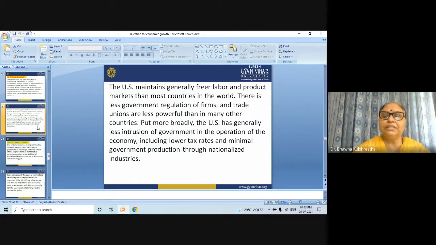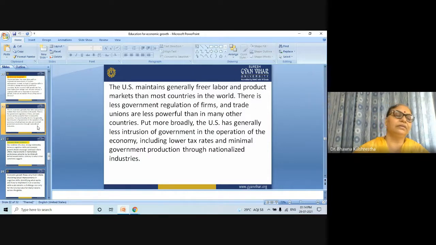These characteristics of the US economy encourage investment, permit the rapid development of new products and activities by firms, and allow US workers to adjust to new opportunities.